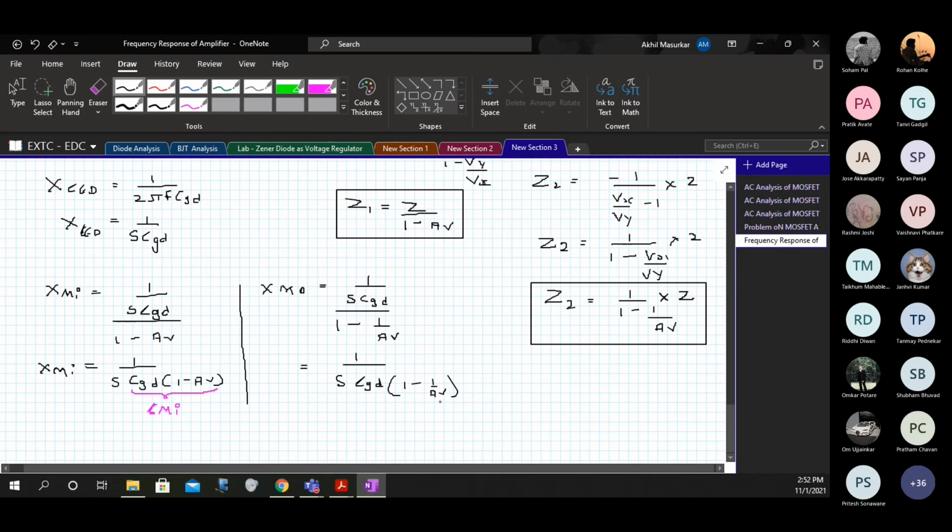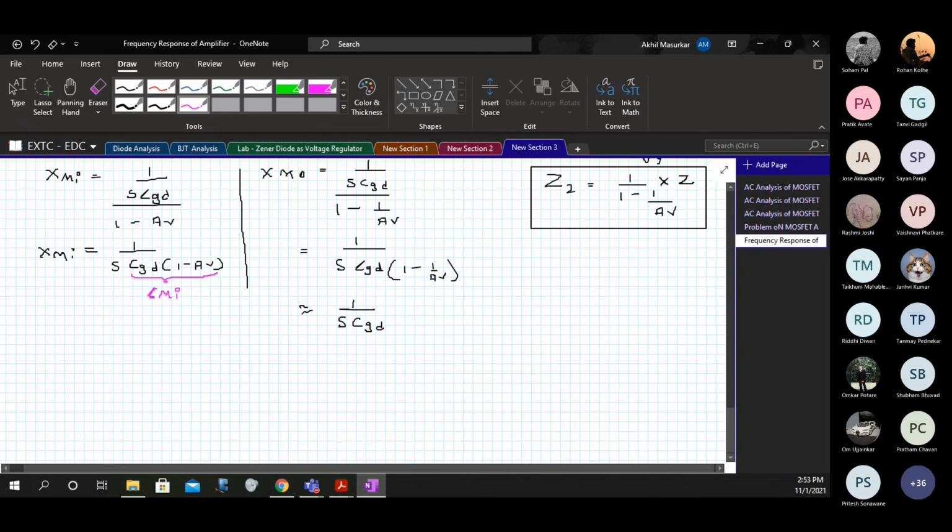So this AV is generally large, it will be like 10, 50 or 60. So this you can approximate to, this is almost 0. So this is as good as 1 upon S times of CGD. So we can split that in this fashion. So this is C Miller on the output side.